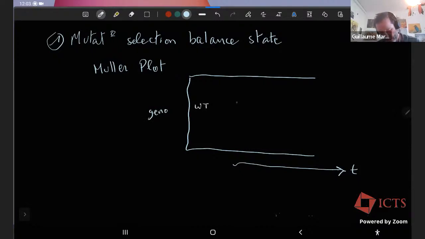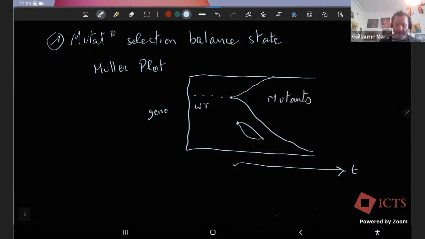And at some point in time, somewhere, one of the wild type line produces a mutant that then can invade. And you have things like this, and then you have some other mutant that may appear and disappear. This is what mutants look like in Muller plots. So this is very useful to conceptualize a bit what happens, especially with asexuals, where you have mutants hindering each other's fixation, things like that.